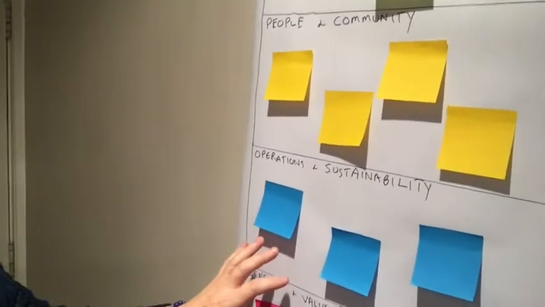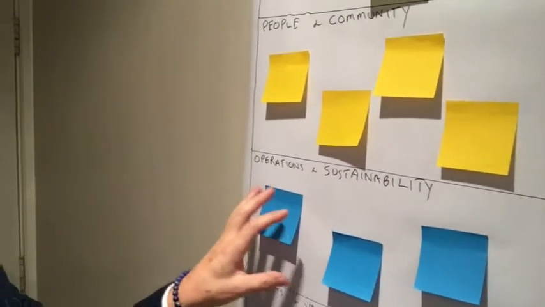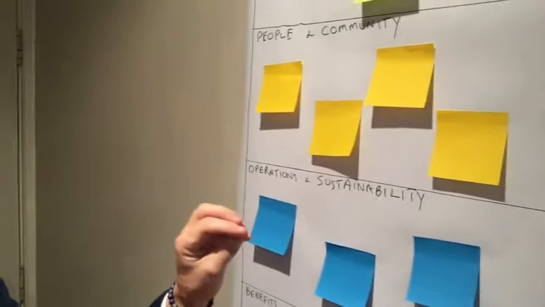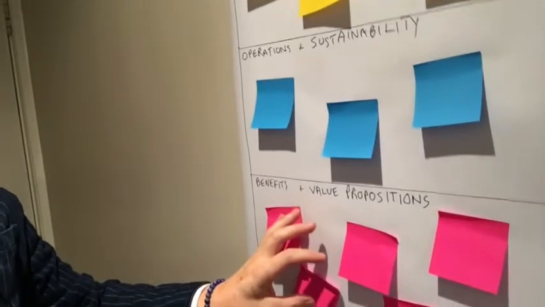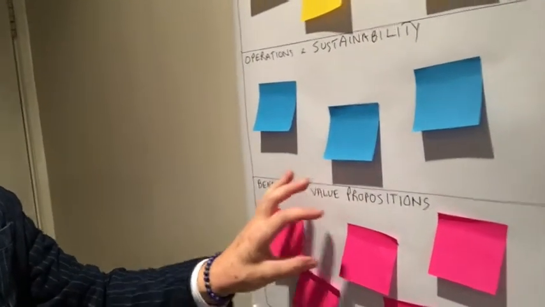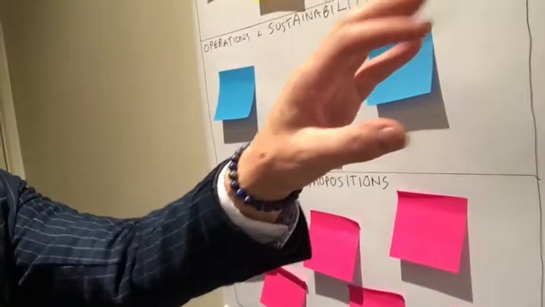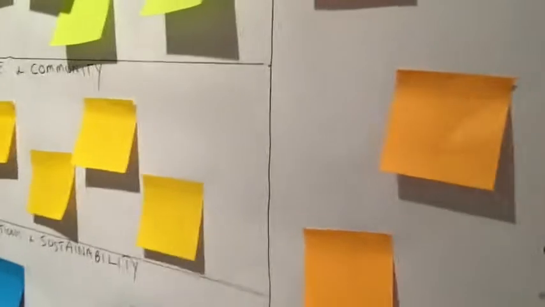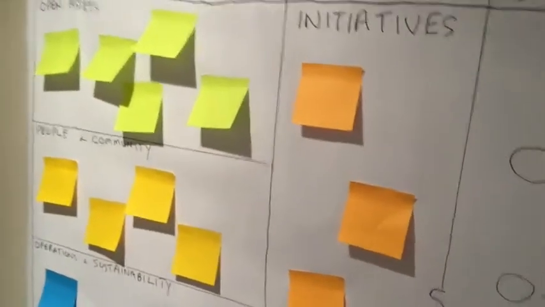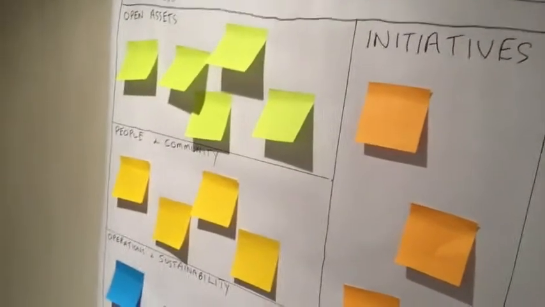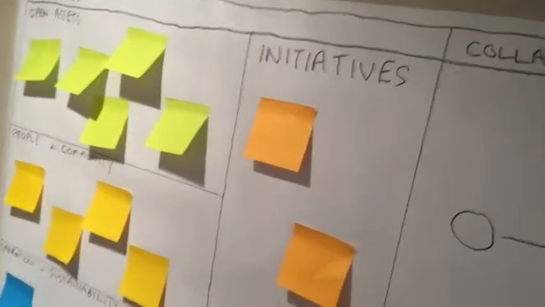Blue is what are the operations and sustainability components that we have that could potentially be shared and combined. And pinkish red is what are the benefits and value propositions that are potentially being combined into a collaborative activity. And all of those could be based on specific initiatives in orange that are already underway that are being used as the basis for a collaboration.